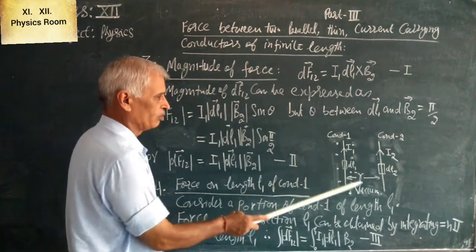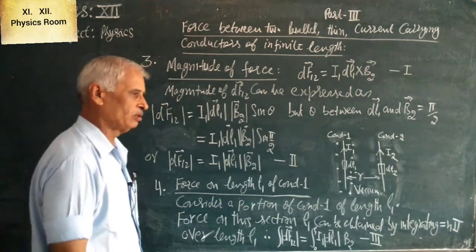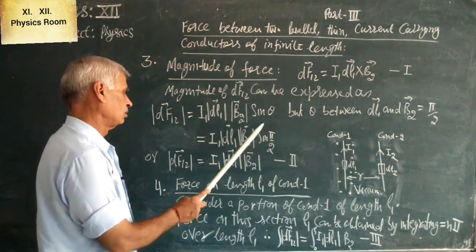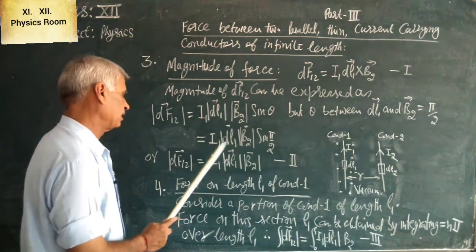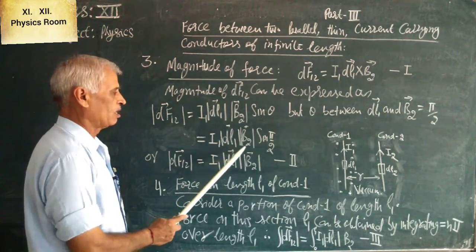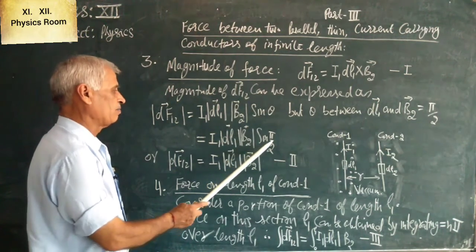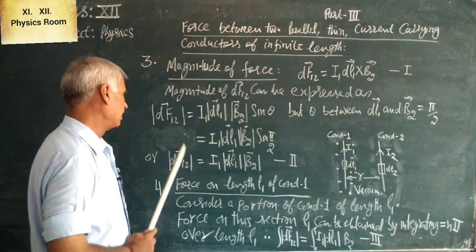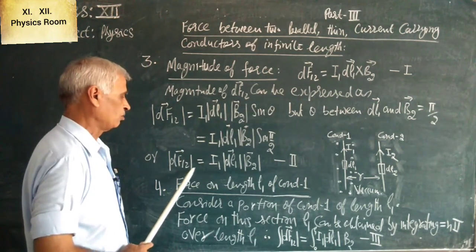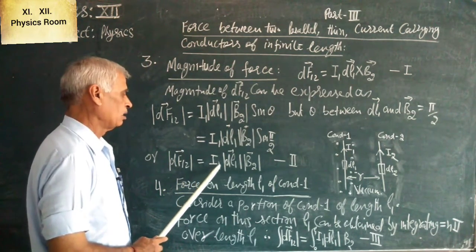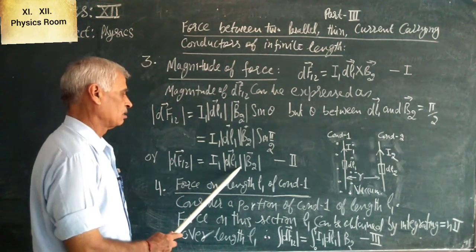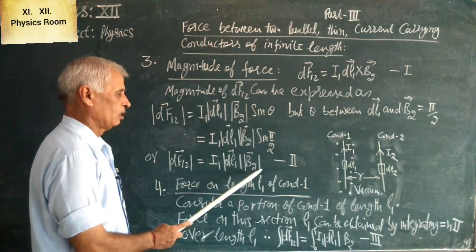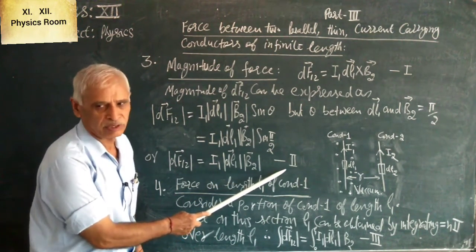So the angle between dl1 and B2 is 90 degrees, pi by 2. So we write it as I1 mod dl1 mod B2 sin pi by 2, and because sin pi by 2 is 1, mod dF12 is equal to I1 mod dl1 mod B2. Let us mark it as equation number 2.